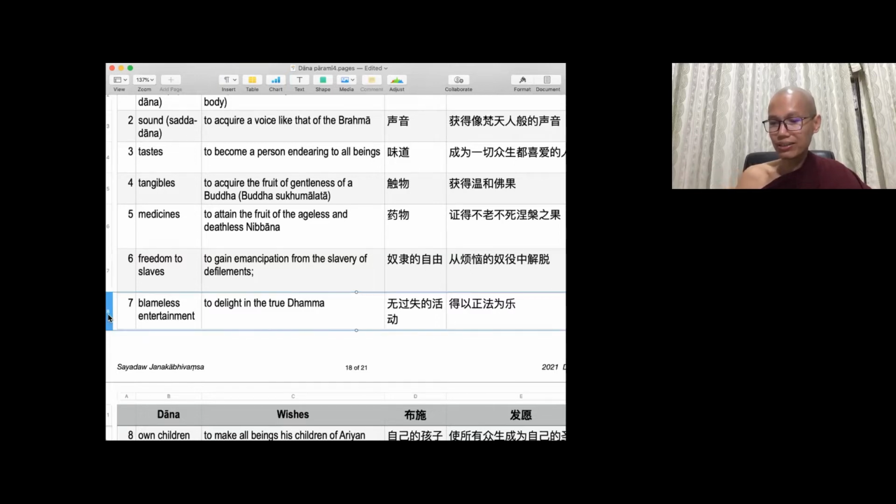Next one, donating to be happy. Donating something to be happy, but with no fault. Some are happy with fault, happiness with danger. For example, drinking alcohol.